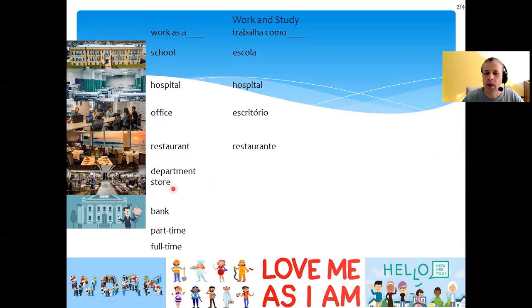Restaurante. Department store. Loja de departamento. Bank. Banco. Part-time. Meio período. Full-time. Período integral. Okay. Look at those words, guys.